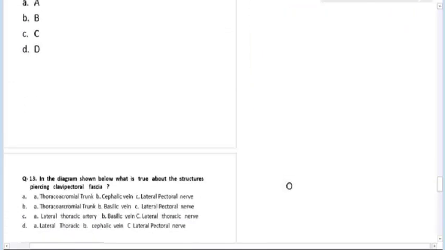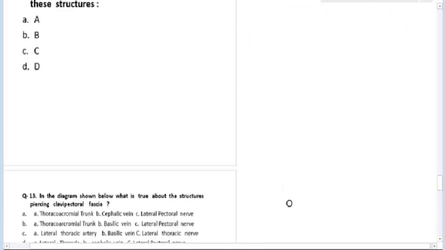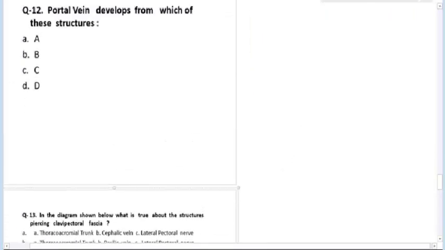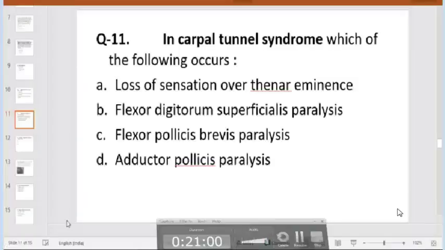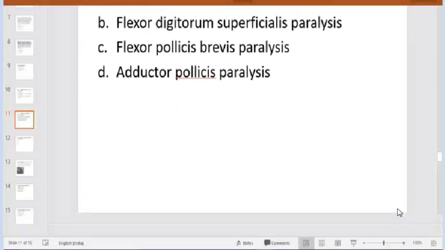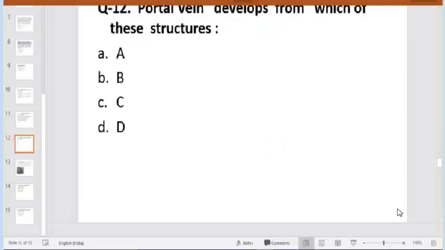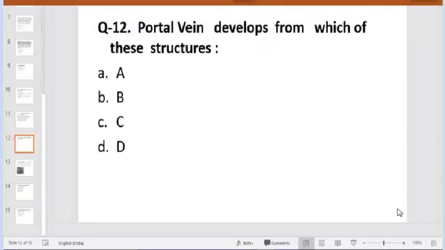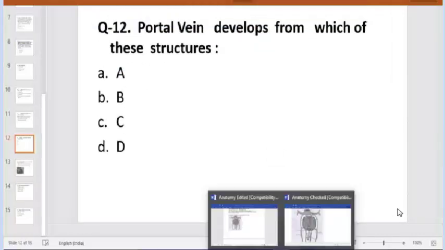Next question is the visual question: the portal vein develops from which of these structures. Moving to the next question, the portal vein develops from which of these structures, and this diagram was given.